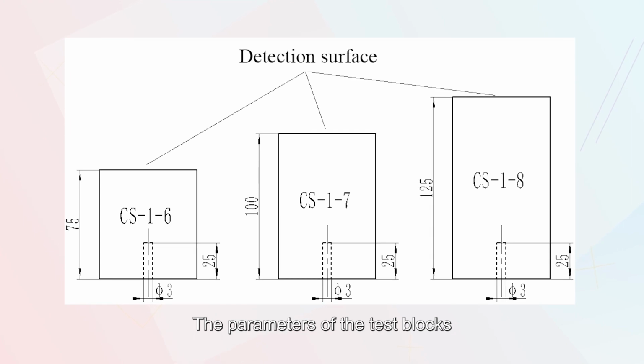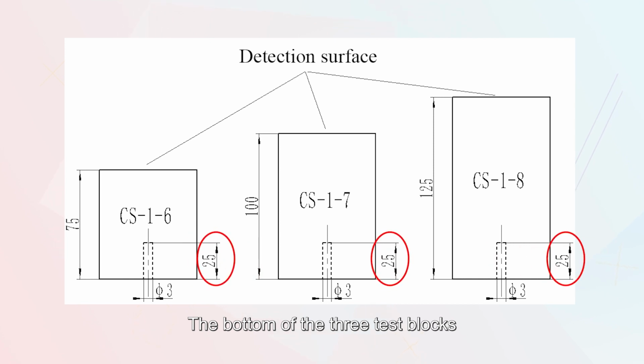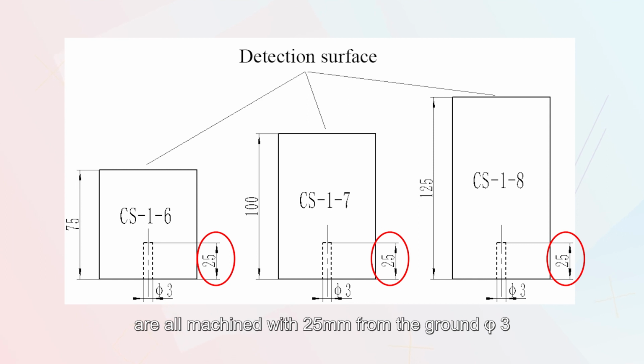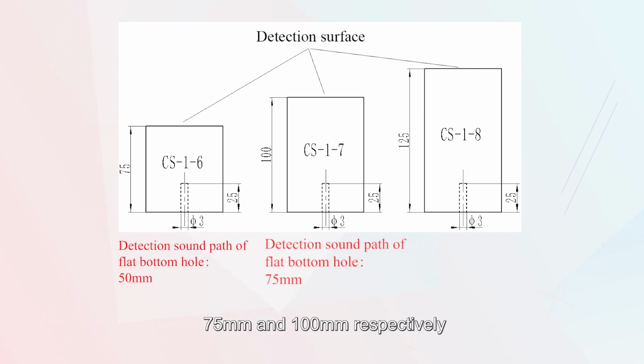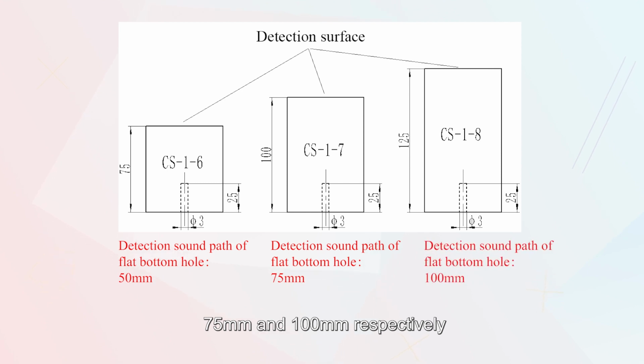The parameters of the test blocks used are shown in the figure. The flat bottom holes of these three test blocks are all Φ2 with a diameter of 2 mm. The sound path of the flat bottom hole detection is 50 mm, 75 mm, and 100 mm respectively.